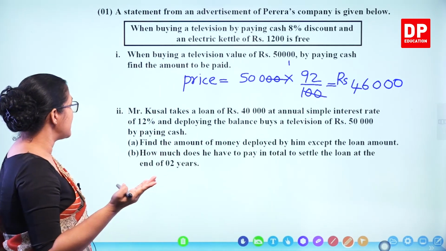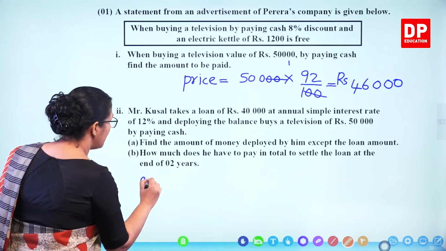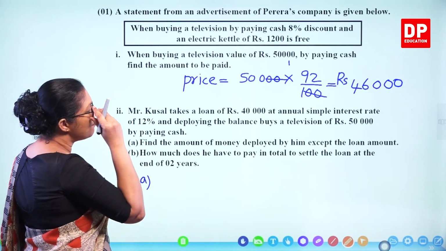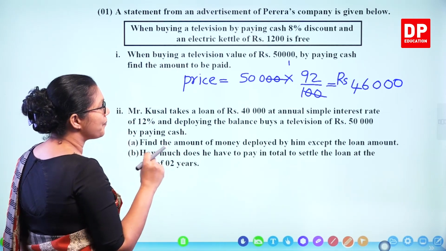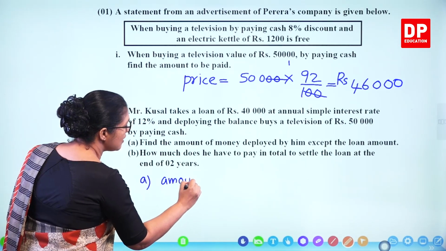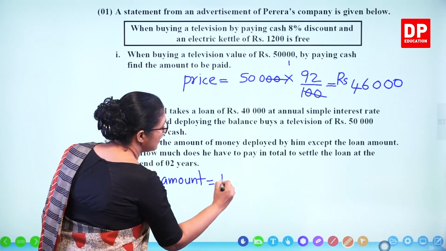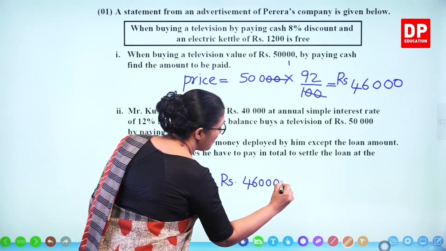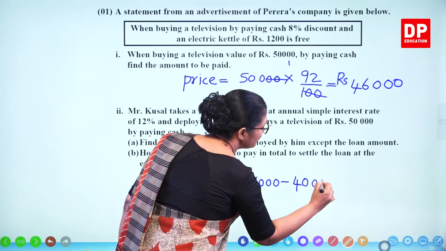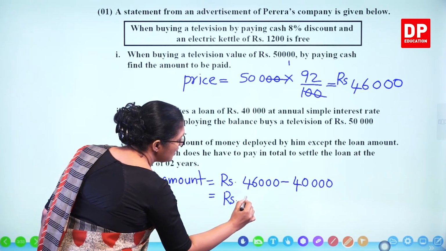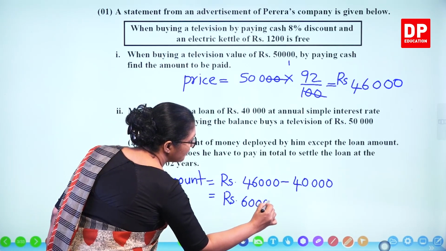So the difference is the answer for the first part, the amount of money deployed by him except the loan amount. You are subtracting 46,000 minus 40,000. So that means 6,000 he paid first.